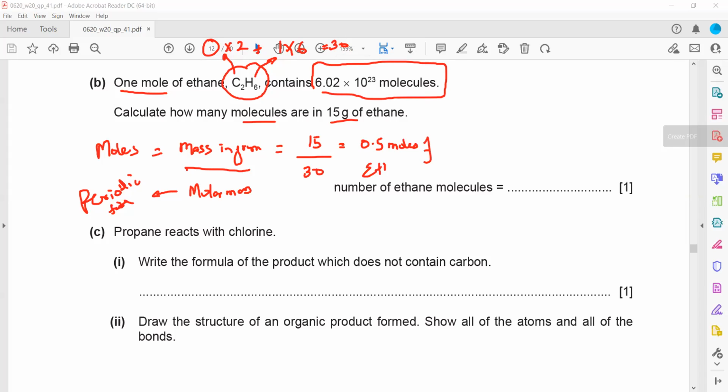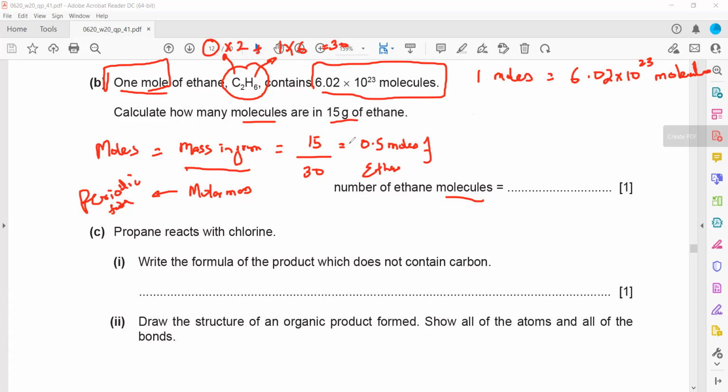But in the question, they don't ask for moles, they ask for the number of molecules. And they give you a relation here. They said that if we have 1 mole, it will have this many molecules. Whenever there is 1 mole of any substance, it will have this many particles, Avogadro's number, 6.02 into 10 to the power 23 molecules.